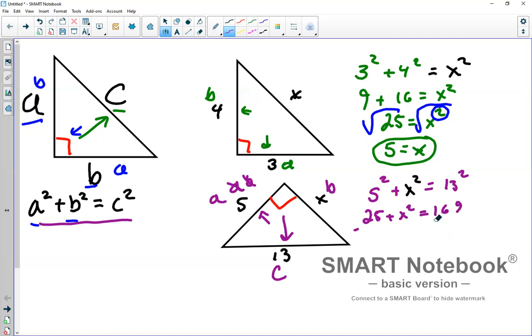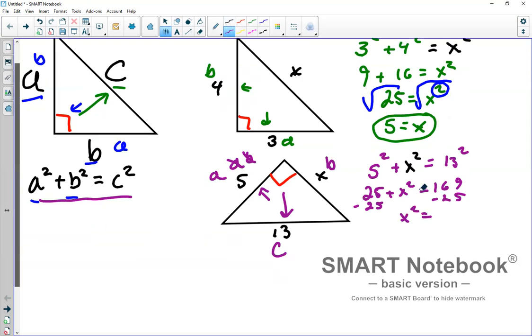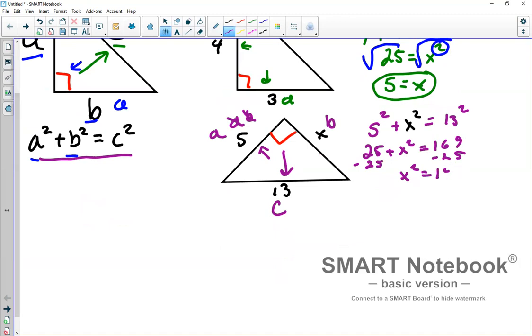Minus 25 on both sides. X squared equals 144. Again, you're not done. You have a square, so you're going to have to square root both sides. In this case, X equals 12.